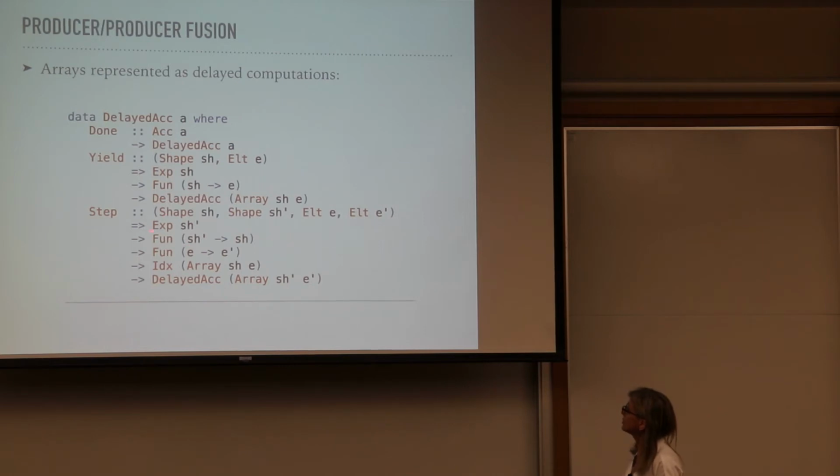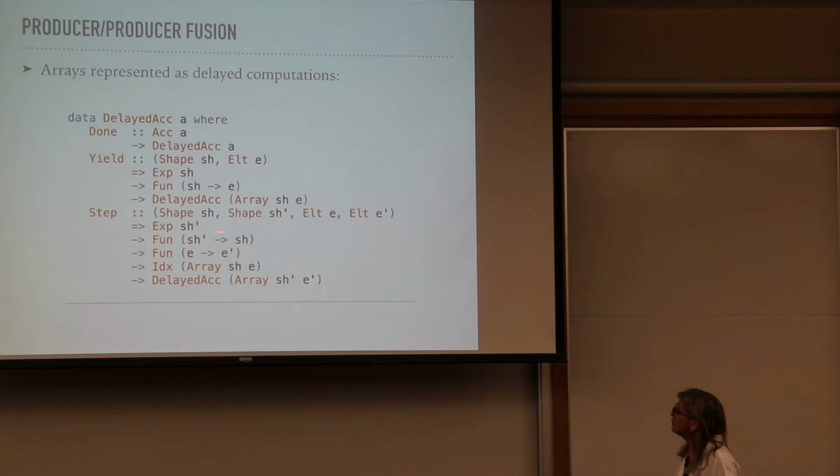But if your function is like a map function, here we make it basically clear that this represents the argument array, and these are functions on the argument shape and the argument array. To know this, it's useful to specialize those.